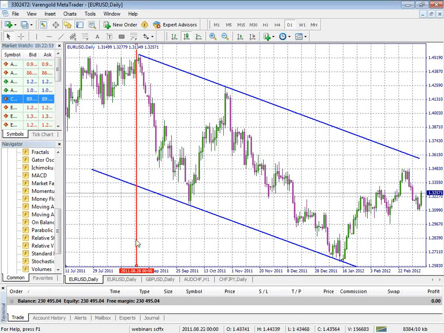So here is starting one wave. Here is the second wave. So I want to show you what is happening in this wave in a smaller time frame.